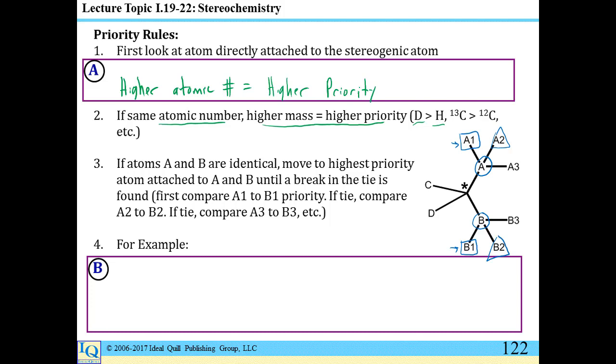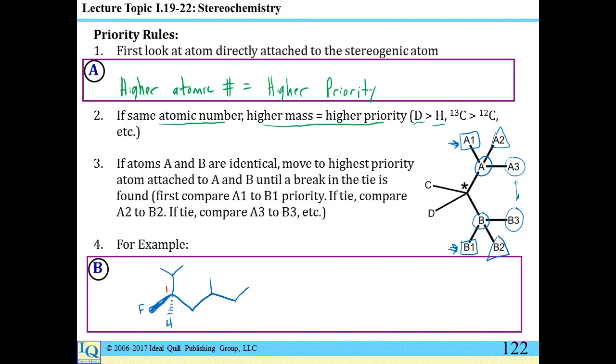If and only if those also tie, then you would move on to comparing A3 to B3. And you move out in that manner, comparing only the highest atomic number atom to the highest atomic number atom on the initial tie site, A1 versus B1, and you move out from there.